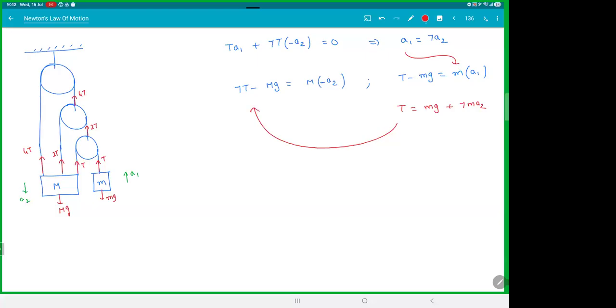Take this T and dump it in this: 7mg plus 49ma2 minus capital Mg is minus capital Ma2. So a2 will be (M minus 7m) into g by (M plus 49 small m). Please check your answer.